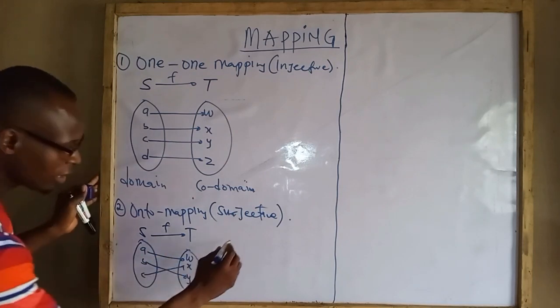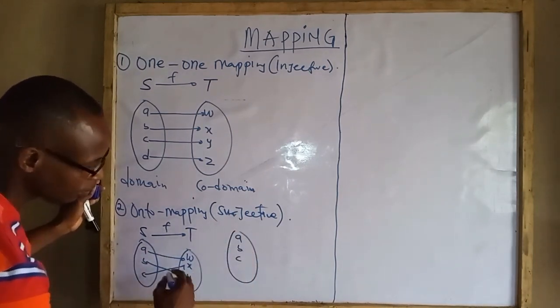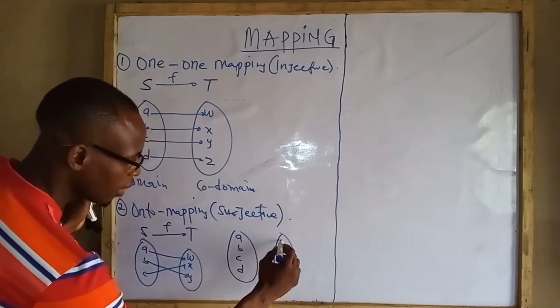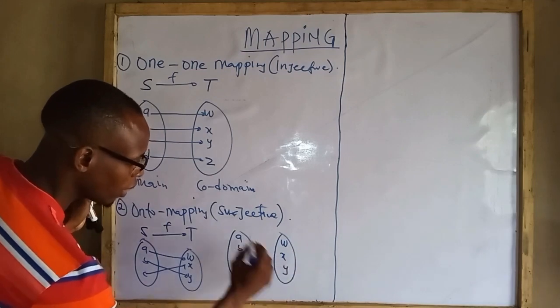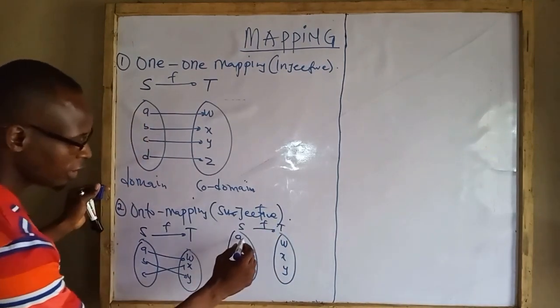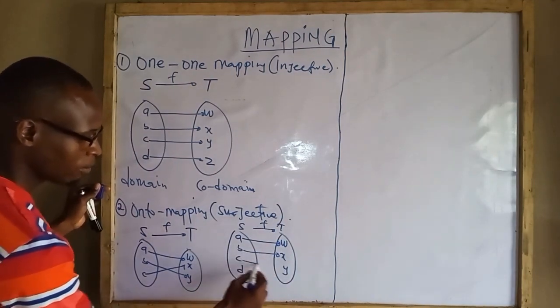Let's take an instance. Let's take A, B, C, and D, and we have W, X, Y, with S mapped to T as a function. So you can see this is mapped into this, this is mapped into this, this is mapped into this.